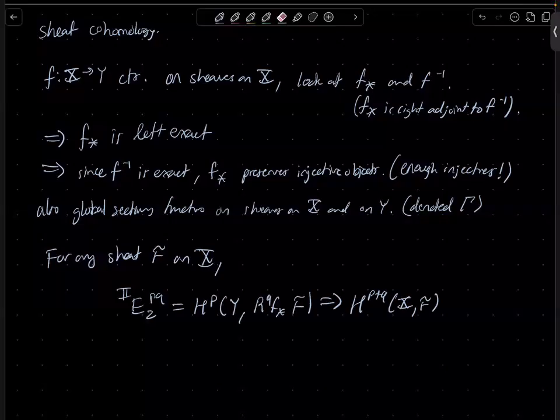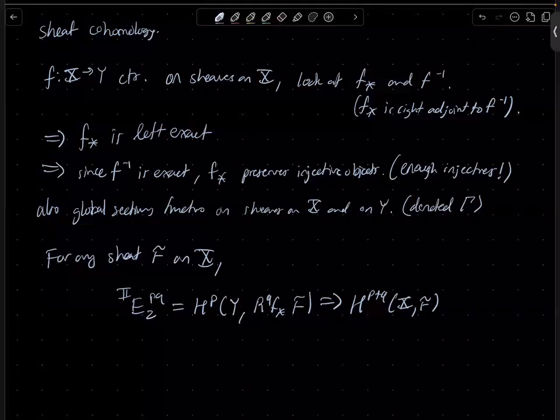So that's the result. For calculations in sheaf cohomology, this is pretty neat. You could imagine that f is a nice map, so maybe the derived functor could be convenient, or maybe Y is nice. Something nice could happen, and this is really important. You could also consider a different situation.